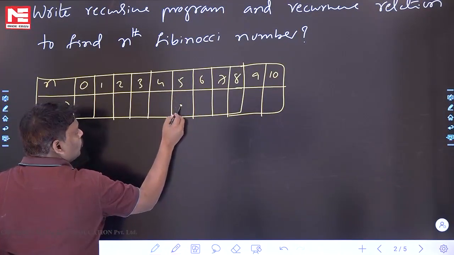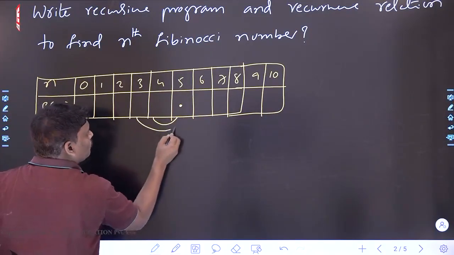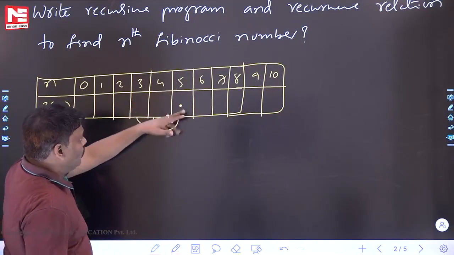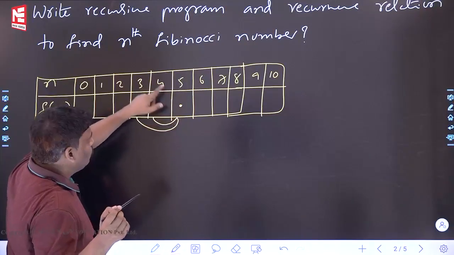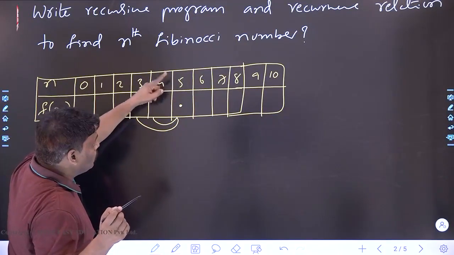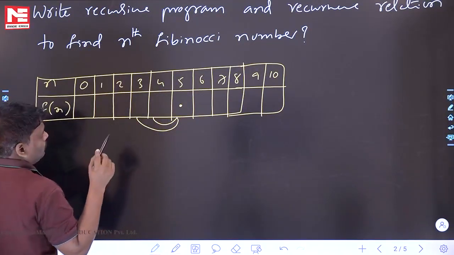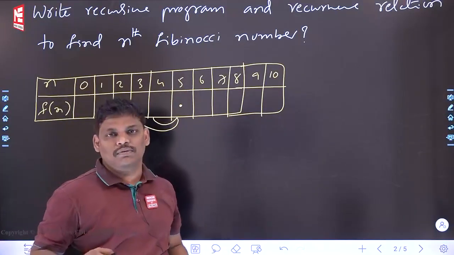The Fibonacci of 5 value is based on the Fibonacci of 4 plus the Fibonacci of 3. Fibonacci of 5 is equal to Fibonacci of 4 plus Fibonacci of 3. This is the Fibonacci behavior. It means the Fibonacci of any number is completely based on the previous 2 numbers.